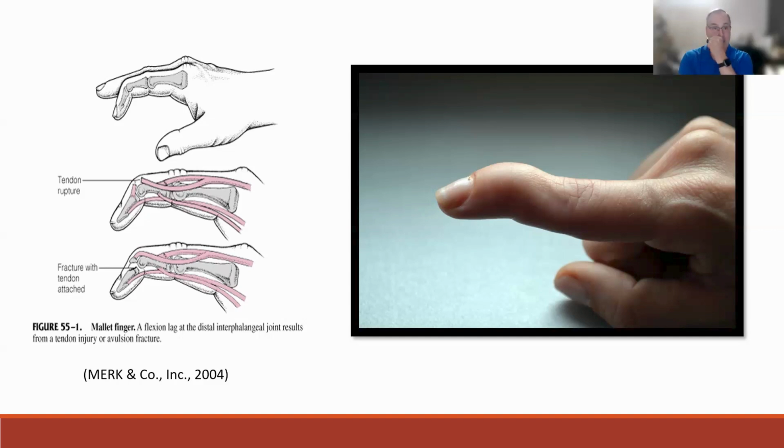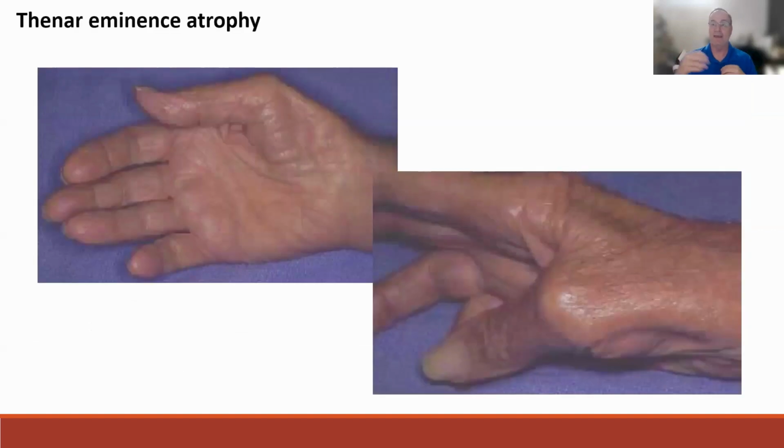So we've got mallet finger here. We've got boutonniere, RA only, and affects the PIP. So boutonniere, RA, PIP. So burp. Okay, all right. And then I'm waiting for HBO. Let's see what that is.